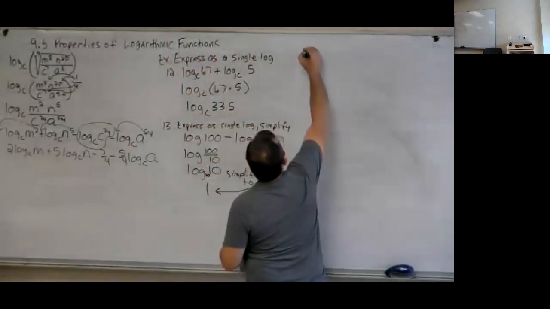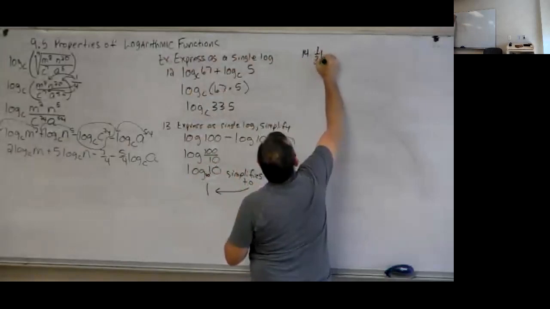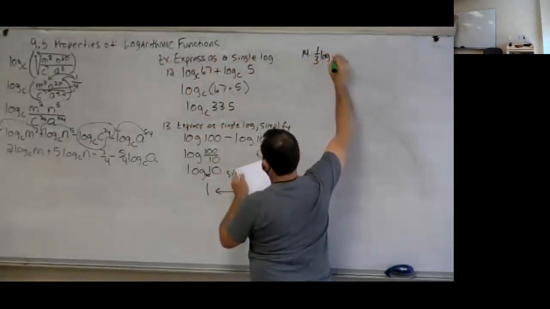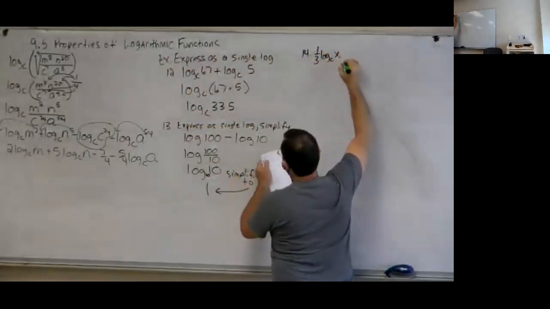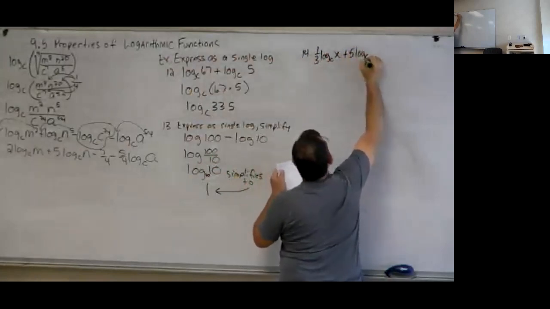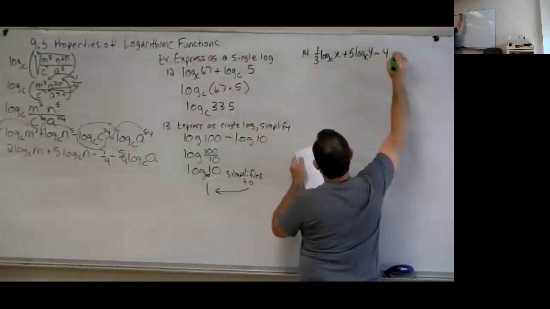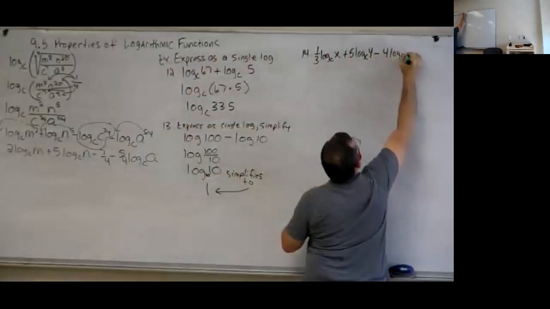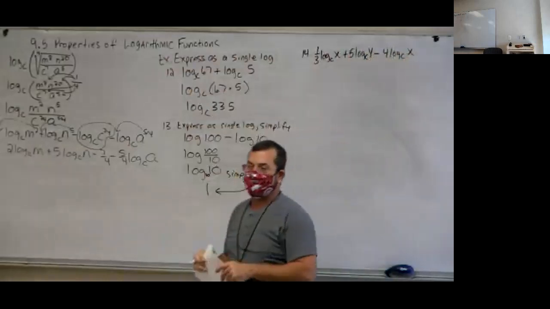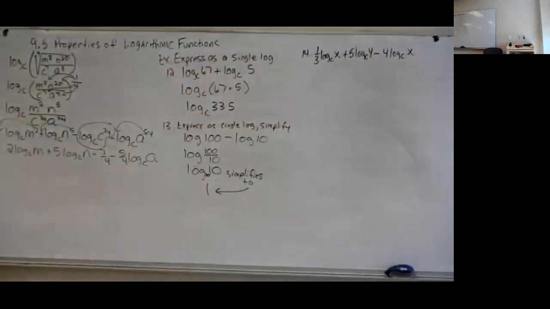All right, same thing here, 14. 1/3 log C of X plus 5 log C of Y minus 4 log C of X. First thing I'm going to do is the last thing I did the other direction.